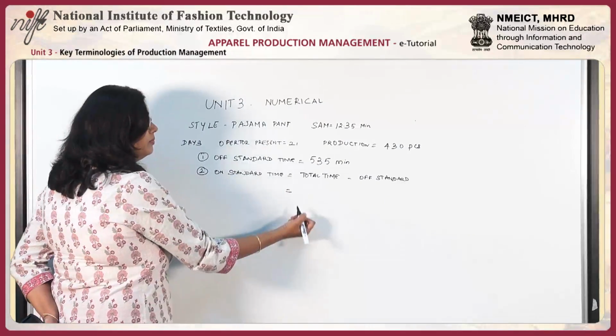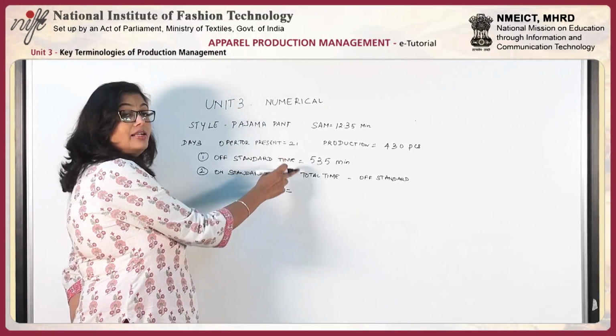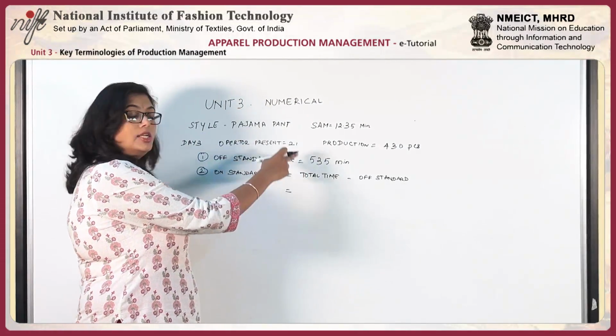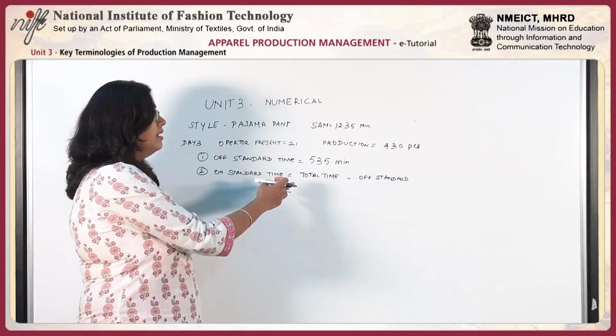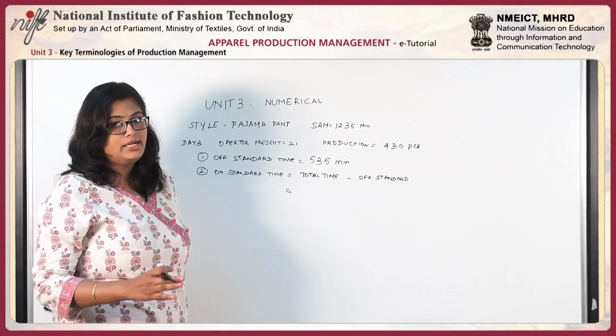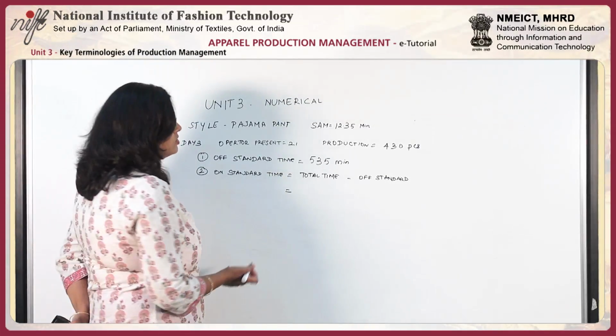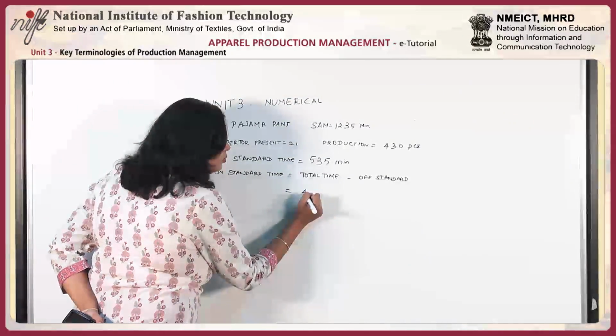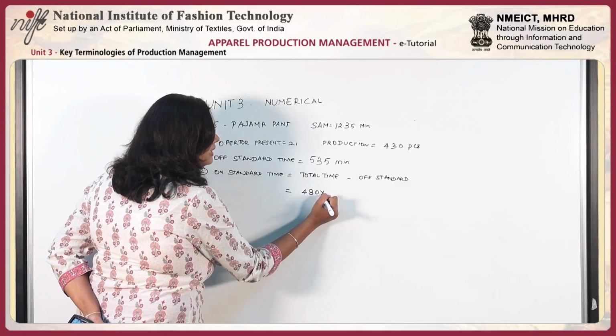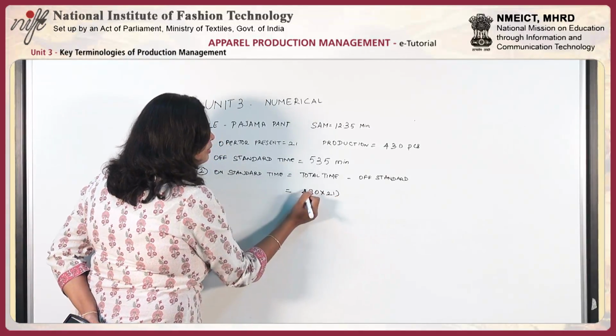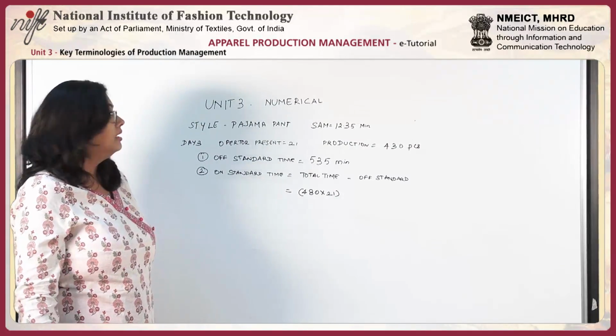That is equal to, now this off standard has been calculated for all the 21 operators present. So, the total time in 1 day per operator is 480 minutes, correct? So, the total time here would be calculated for all the operators of 21, right?